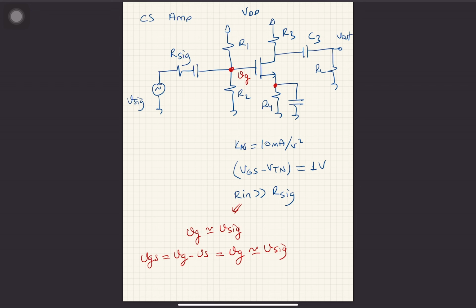And for proper operation, VGS should be less than 0.2 (VGS minus VTN), which is 0.2 volts. Therefore, V signal should be less than 0.2 volts. If you apply anything larger than this one, small signal is not valid anymore. Your system will not operate in small signal anymore.